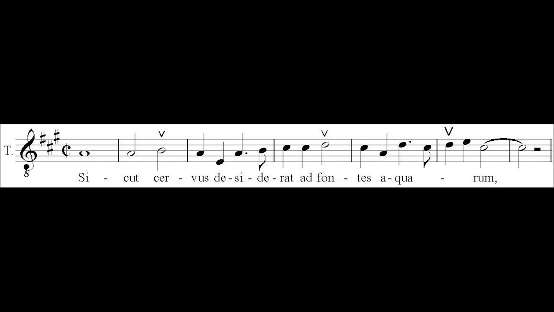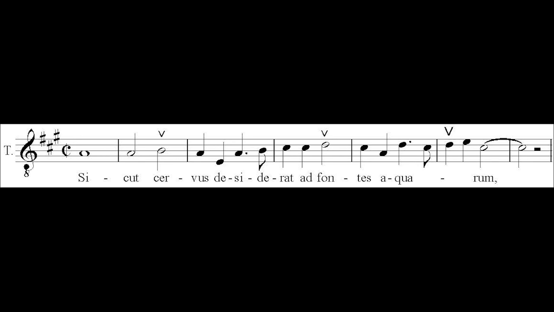As in, we travel along in a phrase and reach certain points of arrival or emphasis. Note that there are two small caret signs for the emphases on cervus and fontes, and a larger caret sign on aquarum. The differences in sizes of the signs represent the differences in the points of emphasis. Cervus and fontes are not as strong as aquarum.